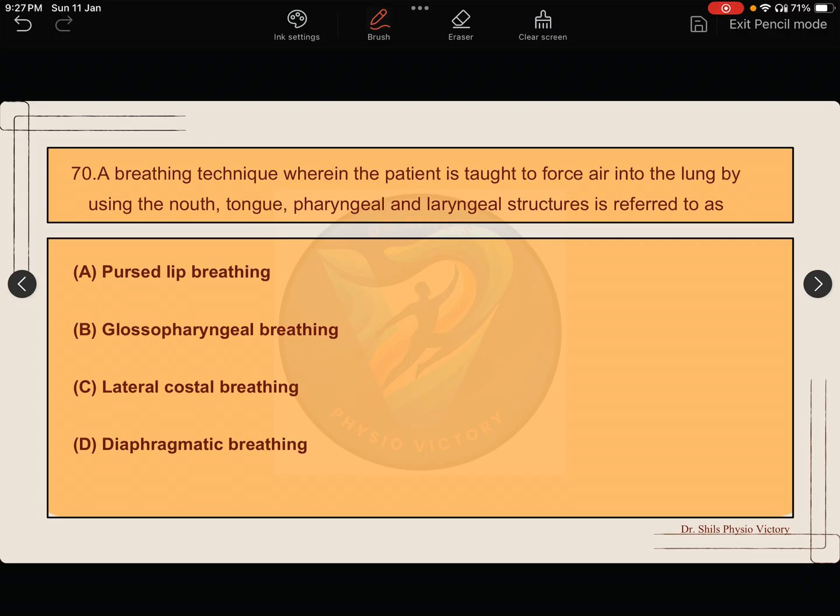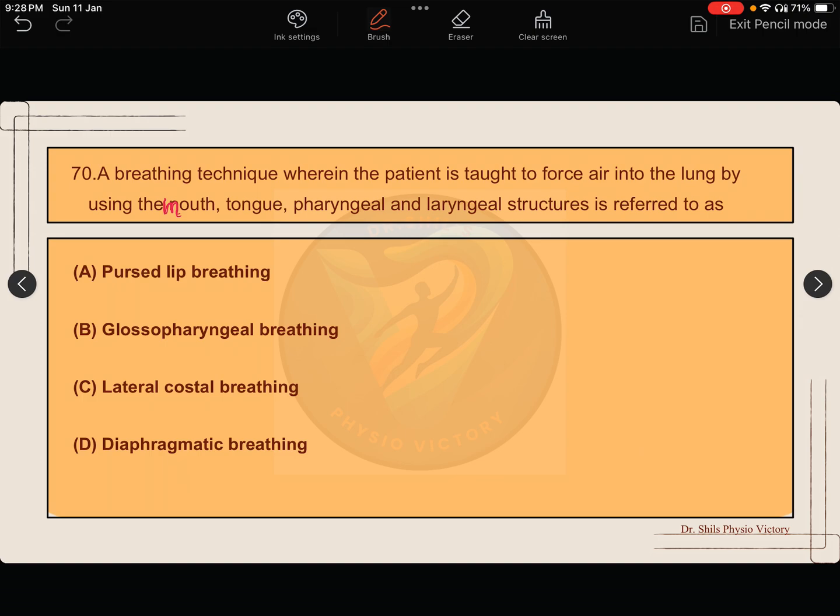Next, come to question number 70. A breathing technique wherein the patient is taught to force air into the lung by using his mouth, tongue, pharyngeal and laryngeal structures is referred to as option A, pursed lip breathing, option B, glossopharyngeal breathing, option C, lateral costal breathing, option D, diaphragmatic breathing.